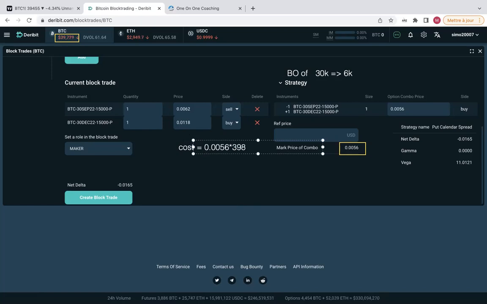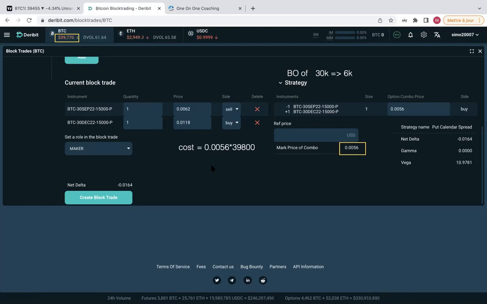So here, 39,000, let's say 39,800. Okay, so from my calculator, it calculates 39,800 times 0.0056.